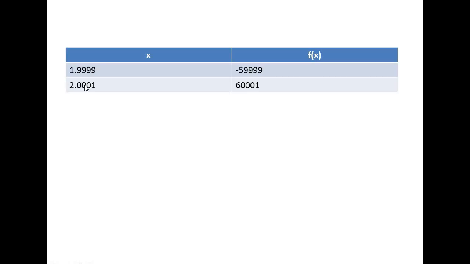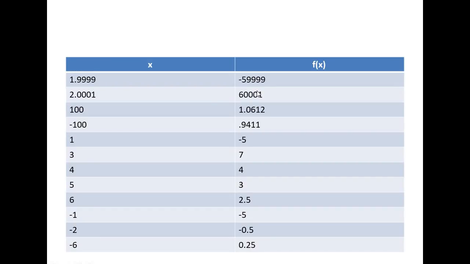If x approaches it from the positive or larger side, y is going to be very large. Then you take 100 and -100 to determine the behavior as x approaches the horizontal asymptote from both sides.